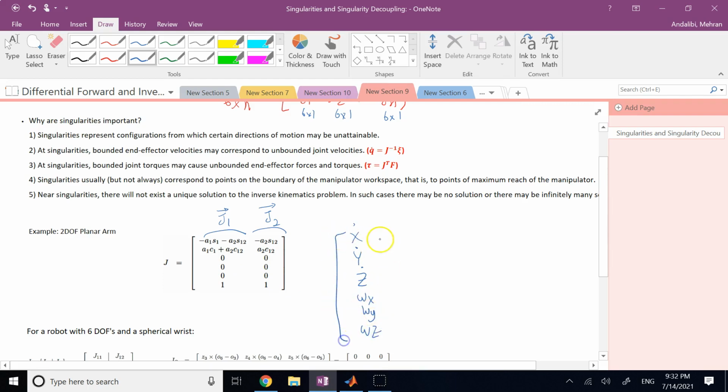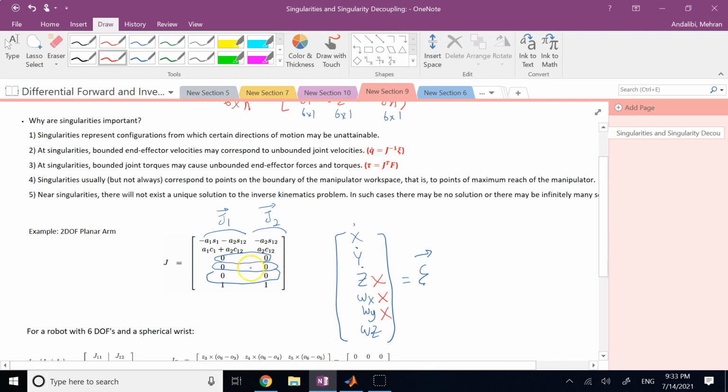The answer is no. Why? Because if I look at the 3 rows, I'm sorry, this one, and this one, you clearly see that it's impossible for me to get z dot component, omega x component, and omega y component. It is impossible, okay? So absolutely not. It's not possible.